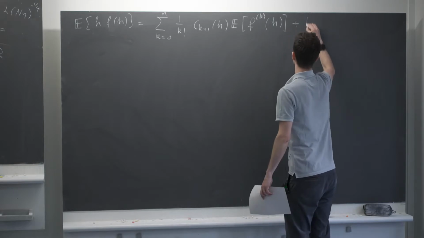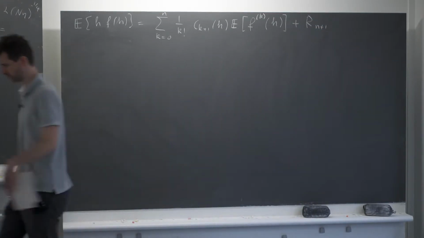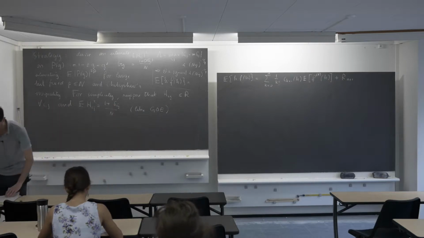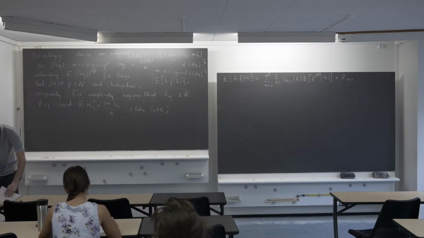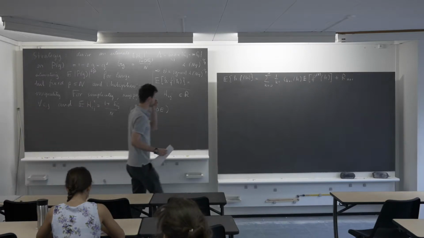And then I have the remainder term. I think I wrote it up in this form using this notation. Let me just check. Yes, I used this notation. Okay. So recall this was the formula we are going to use.